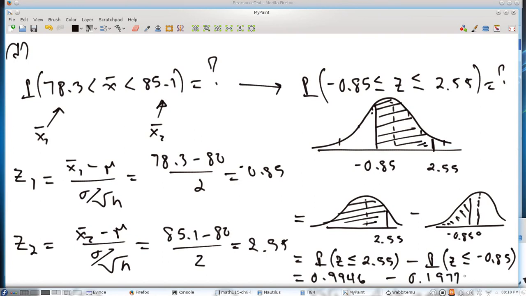0.1977. The difference between these two will give us the answer. Let's just subtract. The first one is going to give me a 6, then we carry a 1.